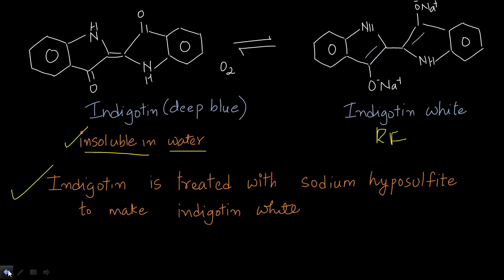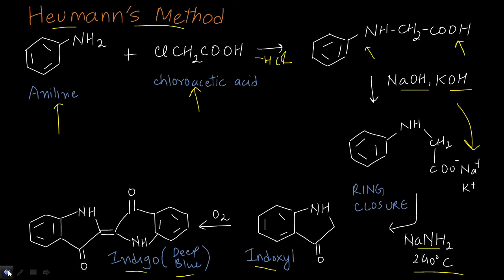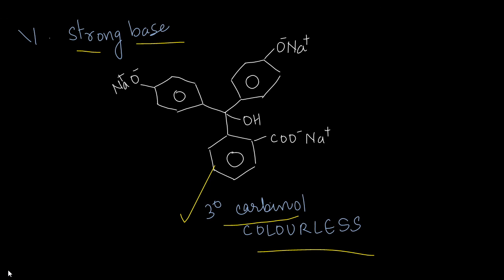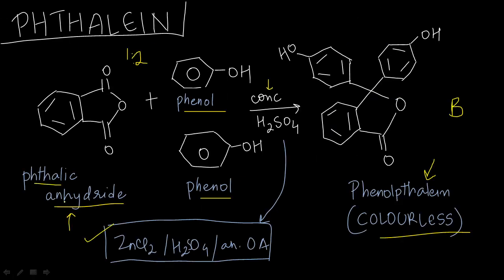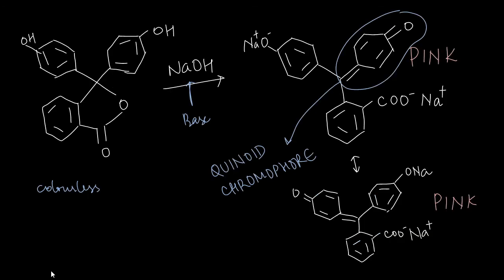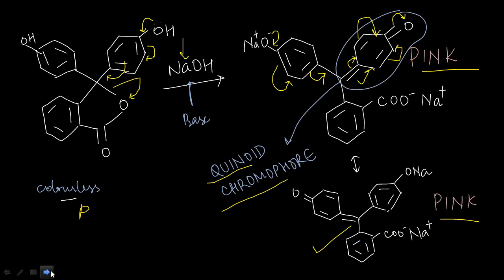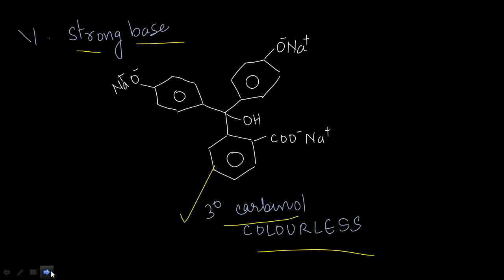So this was it for whatever we discussed. Let us just sum it up. We started with phenolphthalein, phthalic anhydride and phenol condensation, and then the benzenoid form and quinoid form, and what happens in a very strong base.